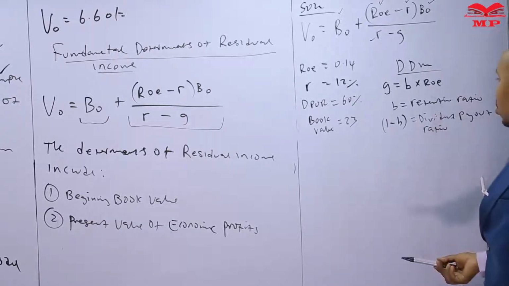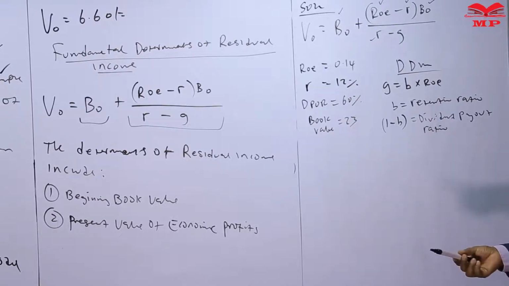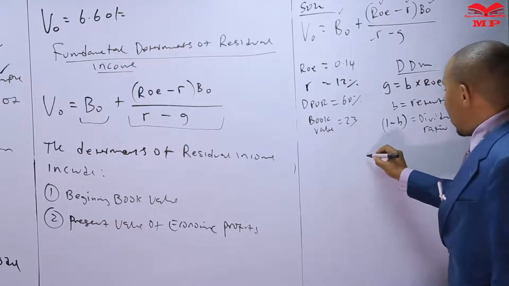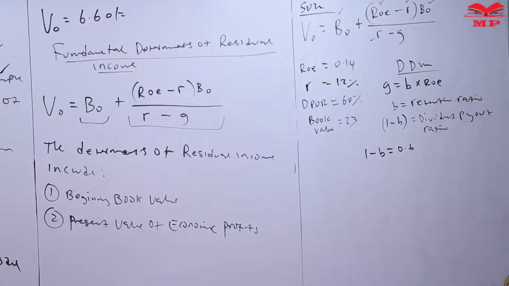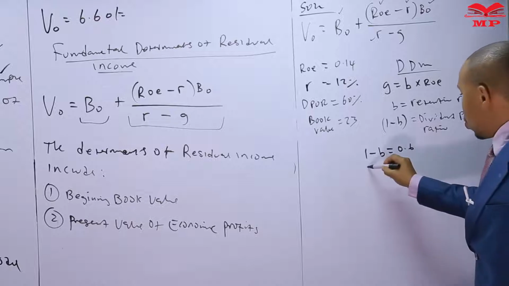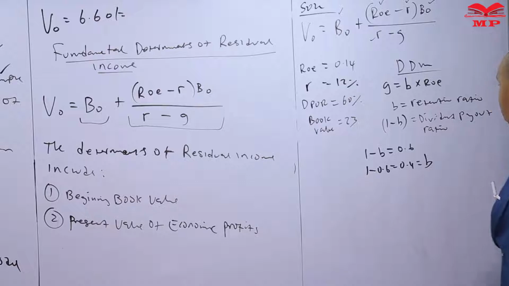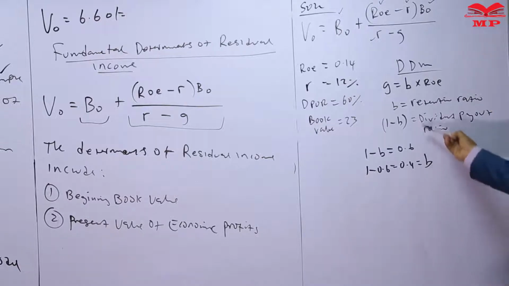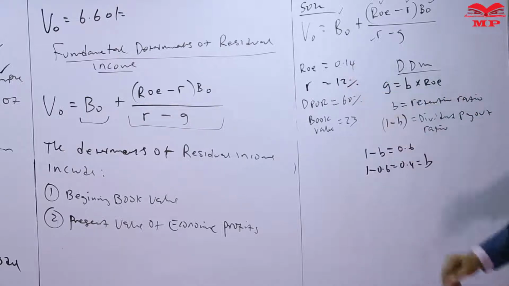So to get the retention ratio is just 1 minus 0.6. So we are saying 1 minus b is equal to 0.6. To get b, it's 1 minus 0.6, which is 0.4, which is the component of b. So we already have b as 0.4 and we already have the ROE as 0.14. So that means we can calculate the growth rate right there.